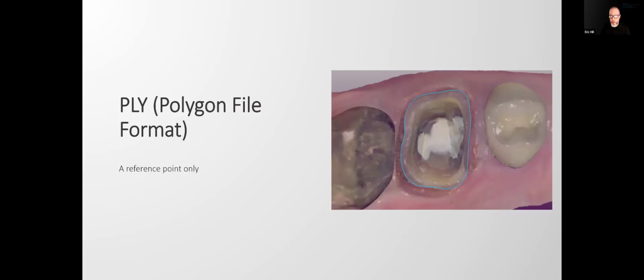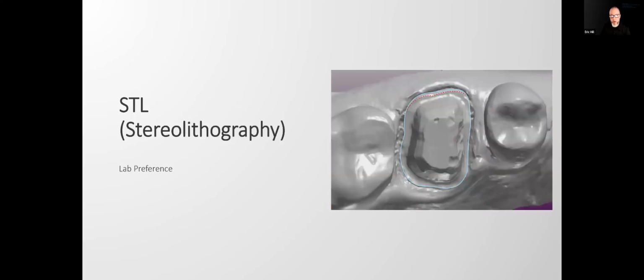But really, what you're looking at when you're looking at a tissue versus tooth graduation there, it really isn't a distinct line. If you zoom in closer and closer, you're seeing that's a graduation between the tooth and the tissue. It's not a perfect line. So what I tell everybody to do is make sure you're looking at the stereolithography file, or the STL file, to make sure that you're seeing this in that representation, because this is going to be what most labs are going to look at when they're designing.